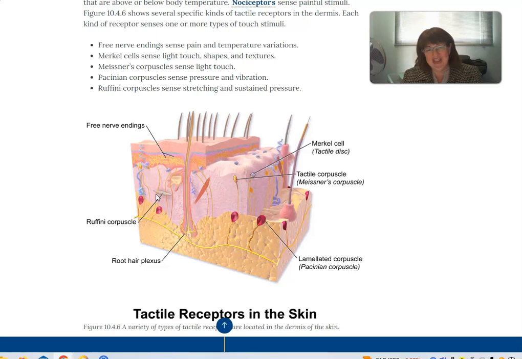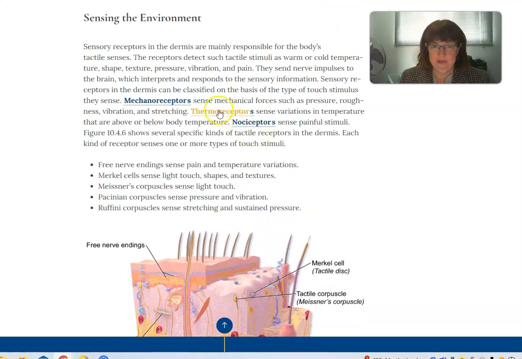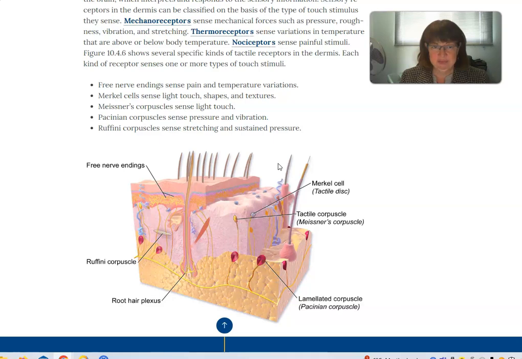Ideally, you just need to know that lamellated corpuscles are for pressure and the tactile ones are for stretch. Good. And we also have thermal receptors and pain receptors.